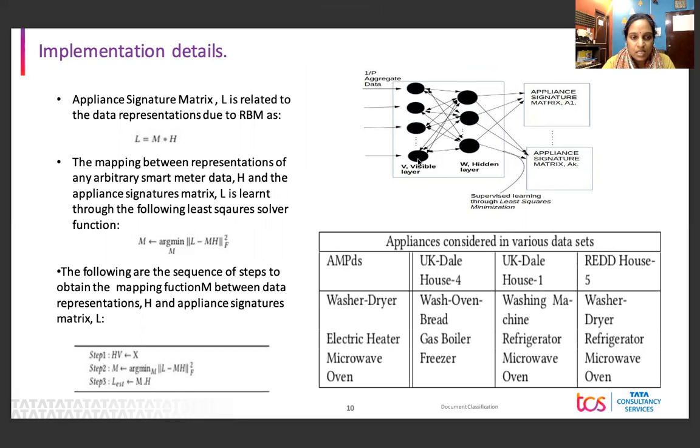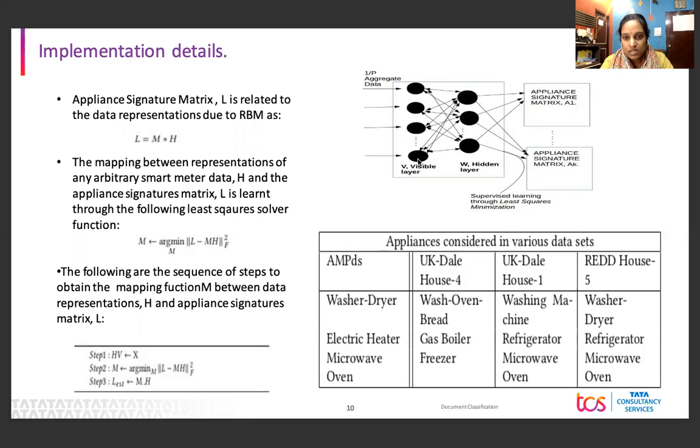And once the mapping is learned, the disaggregation is achieved through the dot product of the mapping function M and the data representations. The disaggregated estimates consist of appliance reconstruction wherever an appliance is estimated to be contributing to the input smart meter data. And when there is an appliance which is not contributing to the input smart meter data, there is no reconstruction.